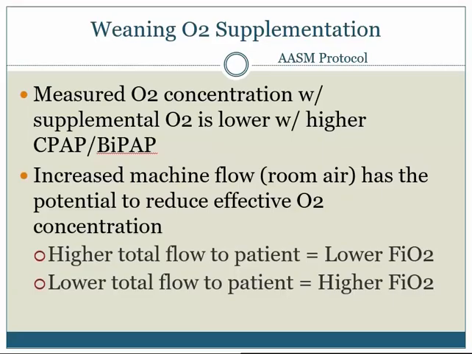When we increase the CPAP and we keep the oxygen at 2 liters, we're entraining more room air and giving them more room air with each breath, their FiO2 starts to go down. Does that make sense? Okay. So that's one thing you have to be mindful of is as we increase the PAP, the overall FiO2 that's being delivered to the patient goes down because we're entraining a lot more room air. Whereas if we back off on the PAP, they're receiving the higher FiO2.